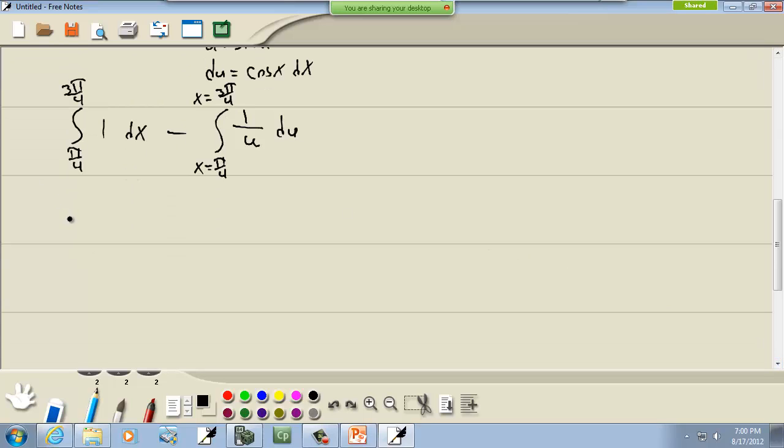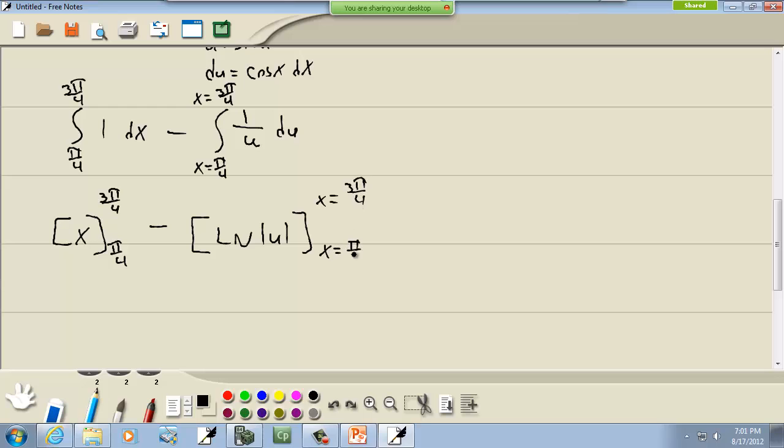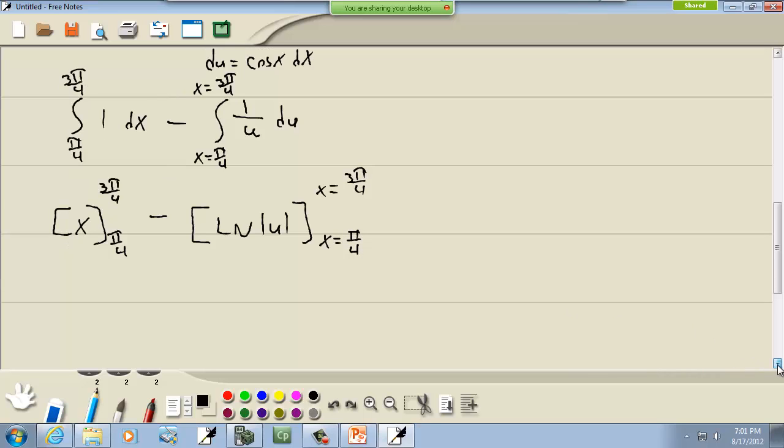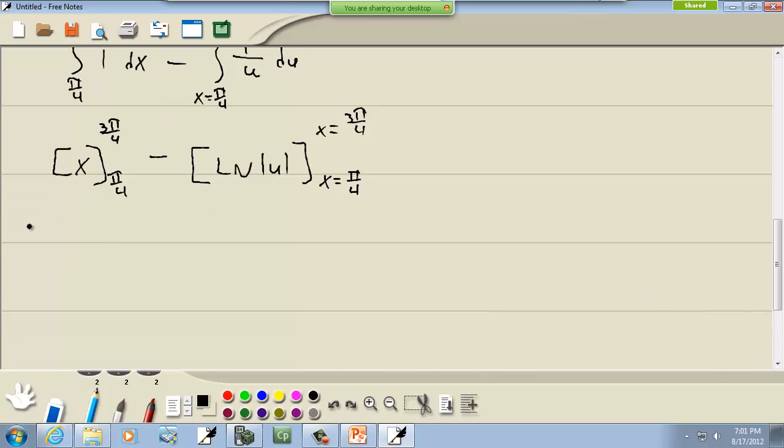Okay, so the integral of 1 is x, and I need to keep these limits here. And then over here, the integral of 1 over u is natural log of the absolute value of u, and keep these here. Now plug these in, so I got 3 pi over 4 minus pi over 4.